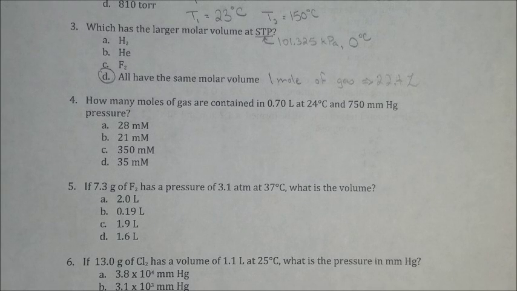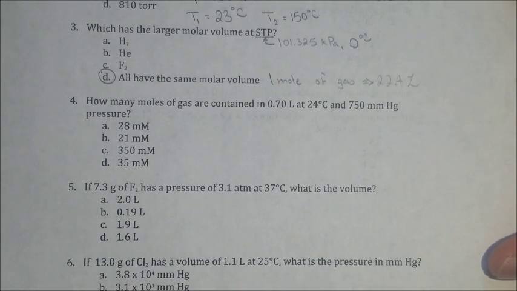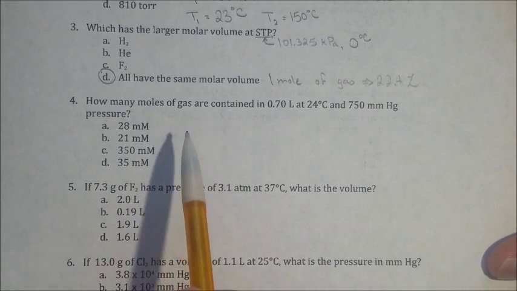Now in number 4, we have a certain gas, and we're being asked to determine how many moles of that gas we have if it's contained by a container that is 0.7 liters in volume at 24 degrees Celsius with a pressure of 750 millimeters of mercury. So let's take a second here and first of all identify what kind of an equation we can use.